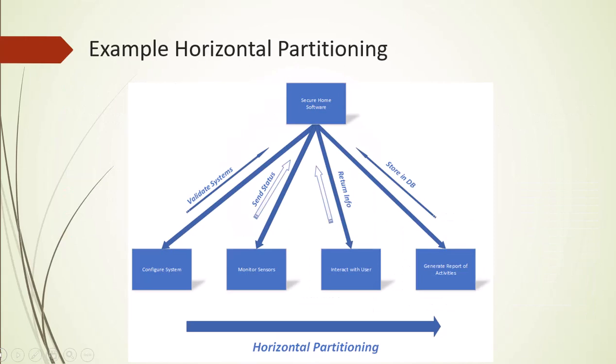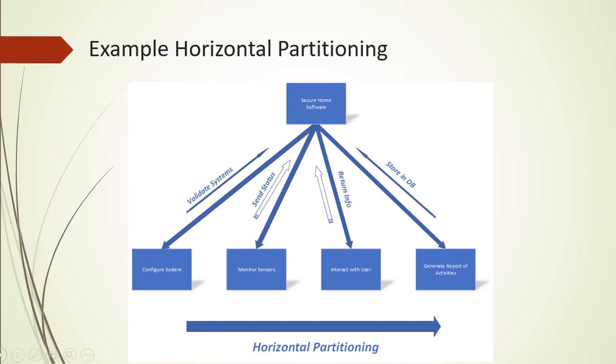Let's take an example of this secure home software system. This is the one system. We do the horizontal partitions and make four subsystems. The first subsystem is the configuration system, second is monitor sensors, third is interact with the user, and the fourth is generate report of the activities.